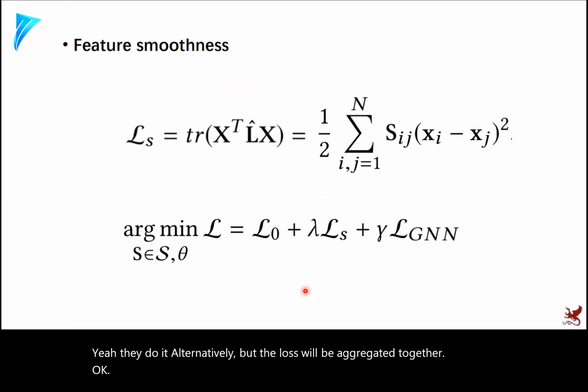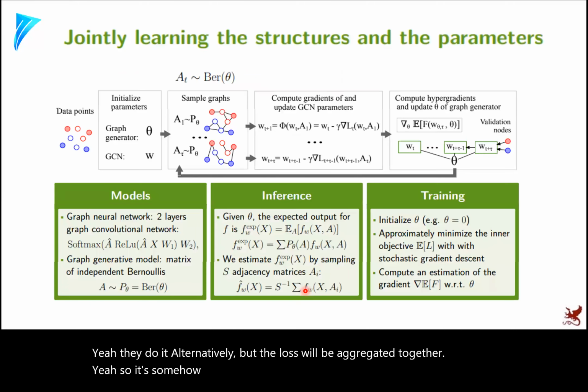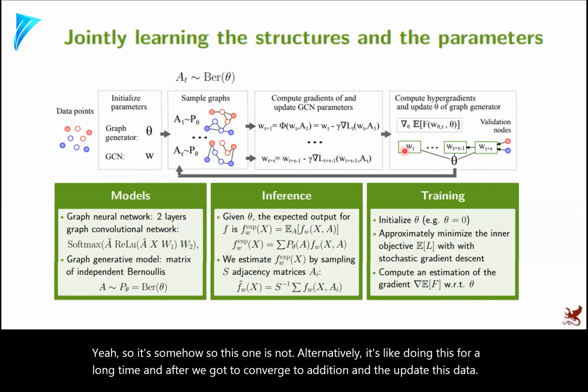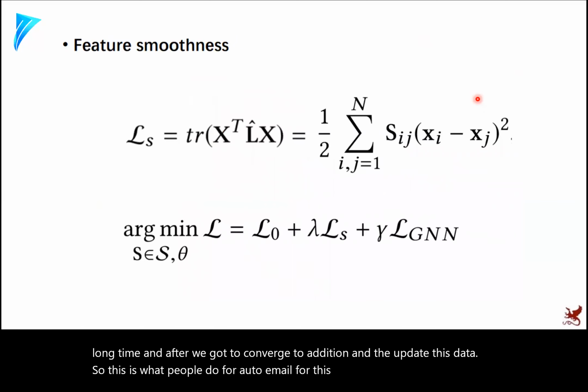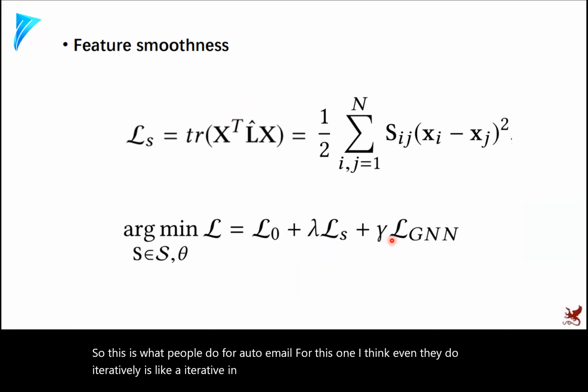So this one is not alternating in the AutoML way, where we do this for a long time, and after we converge to a graph, it updates the theta. That is what people do for AutoML. For this one, they do it iteratively in a batch, so it's smoother.